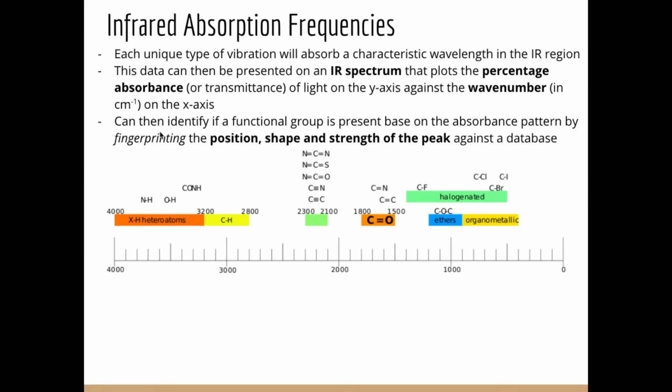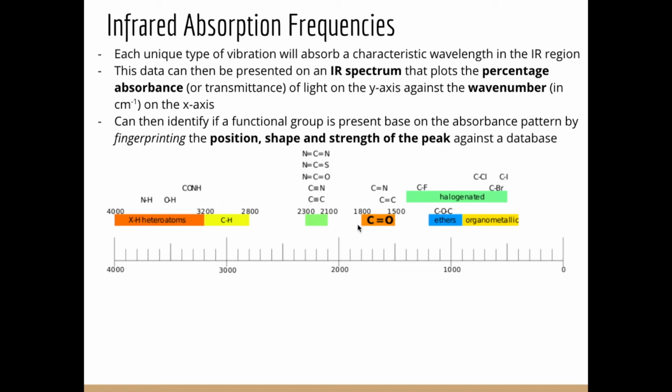So this term fingerprinting implies that it's unique, right? Let's look here. We've got the wave number down the bottom, and we can see that there are areas of the IR spectrum where a certain bond is unique to that region. For example, our carbon-halogen bonds can be anywhere around here depending on what the halogen is.